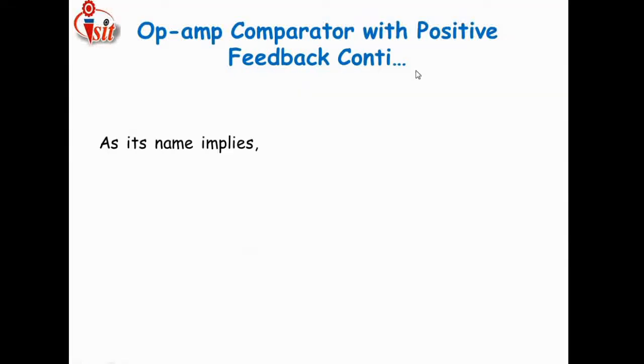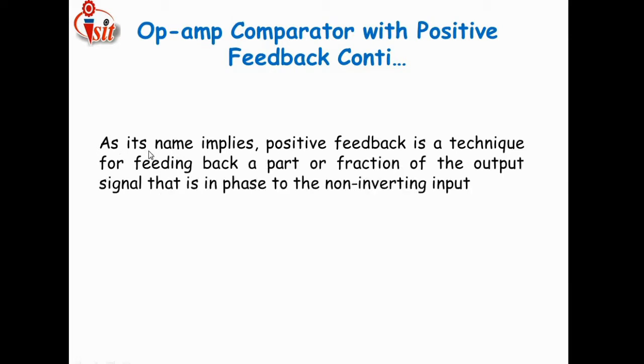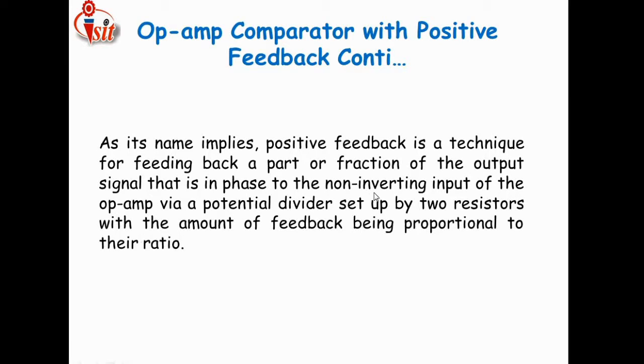As its name implies, positive feedback is a technique for feeding back a part or fraction of the output signal, which is in phase, to the non-inverting input of the op-amp, via a potential divider set up by two resistors, with the amount of feedback proportional to their ratio.